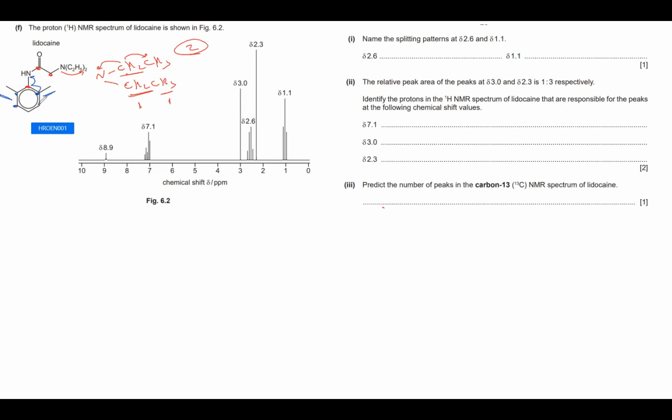These 2 carbons as well will give 1 peak, and this carbon also will give 1 peak. So here we will have 4 peaks, and these 2 CH3s, both of them also will give 1 peak. So 4 plus 1. And as we said, here in total we have 4. So we have 9 peaks. Okay.